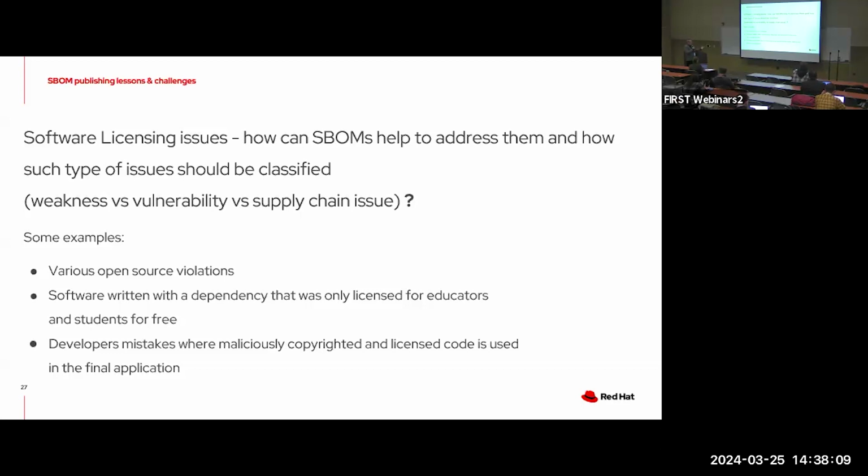Or, for example, developers who just made some mistakes. So accurately generated SBOMs can also address this type of problem, regardless of how we classify them. Because seriously, software licensing issues are real.